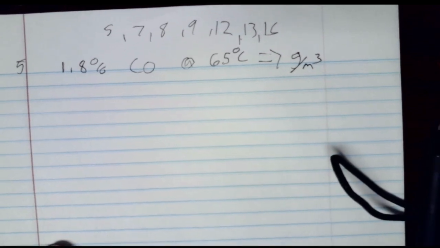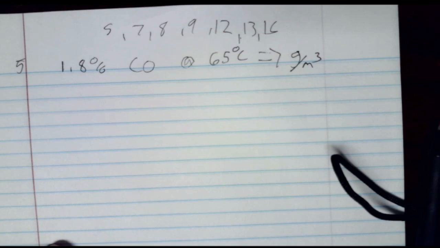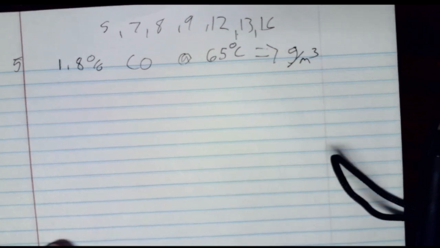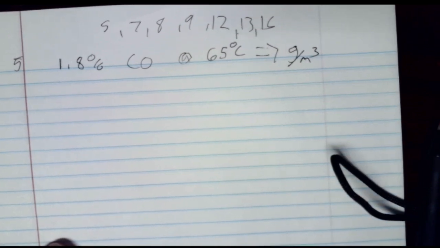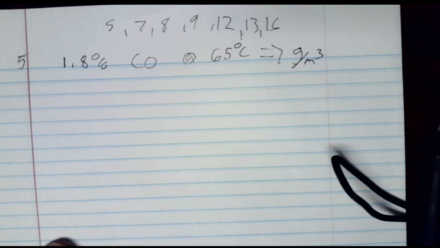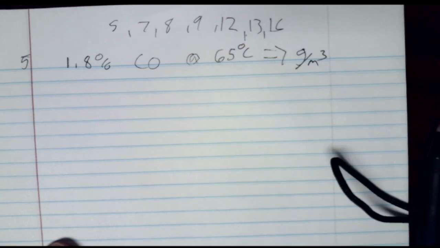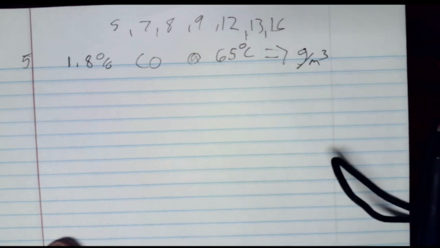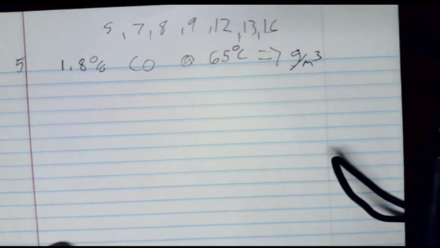The hint I give you is that first we're going to use the ideal gas equation to find this in moles per liter, assuming one atmosphere of air, and then do some simple conversions to get grams per meter cubed. A little bit of a pain, but can be done.